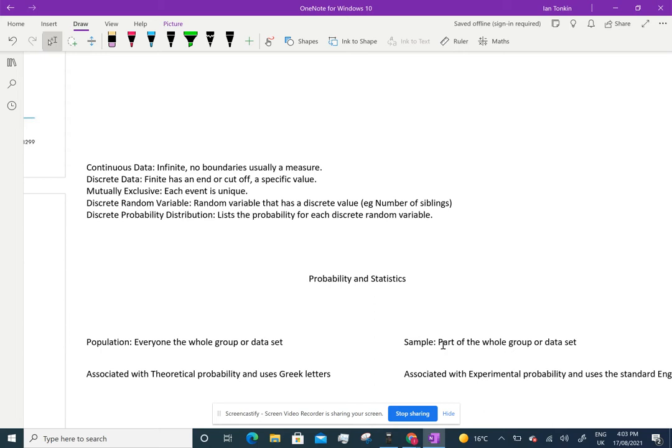So you can see I've got a definition of continuous data, discrete data, what mutually exclusive means, what a discrete random variable is, and what a discrete probability distribution is.